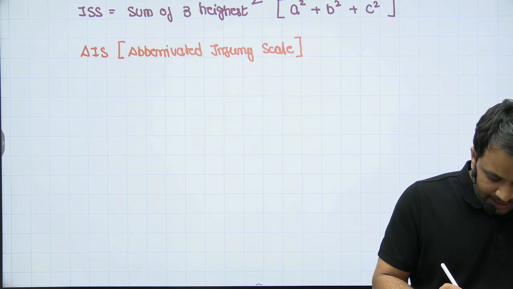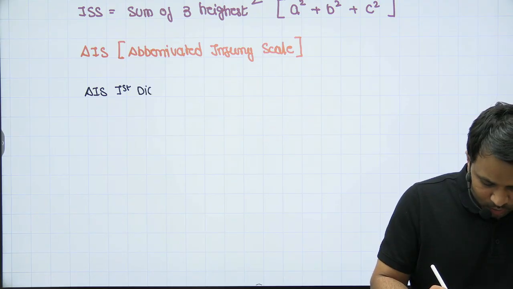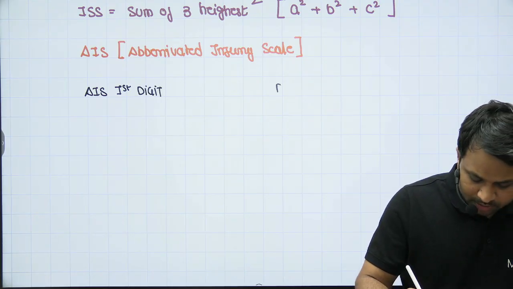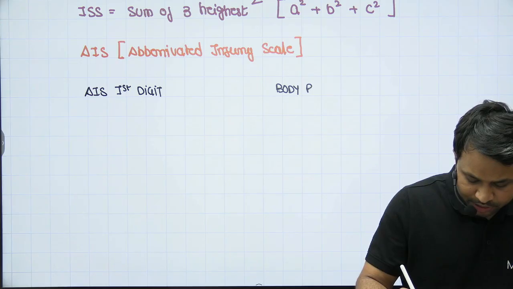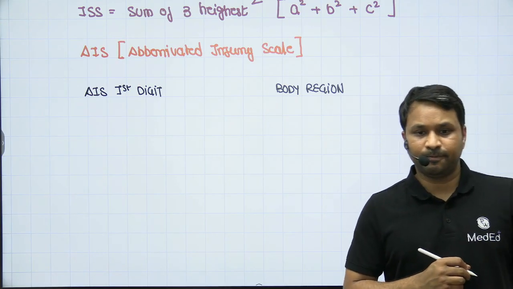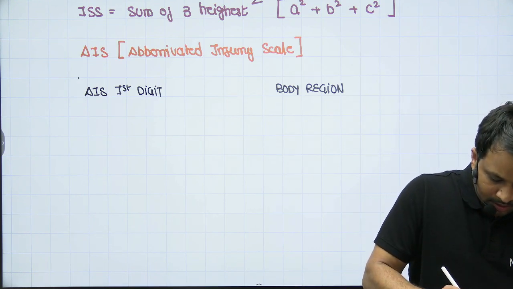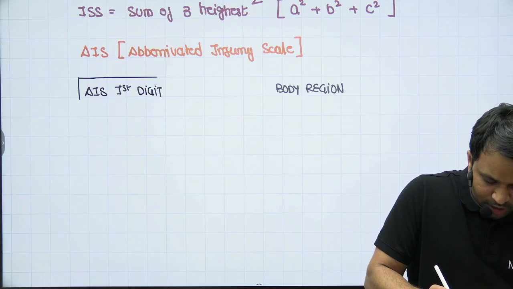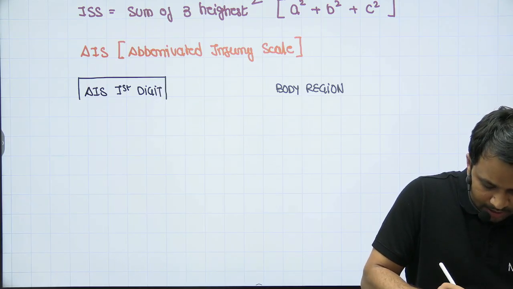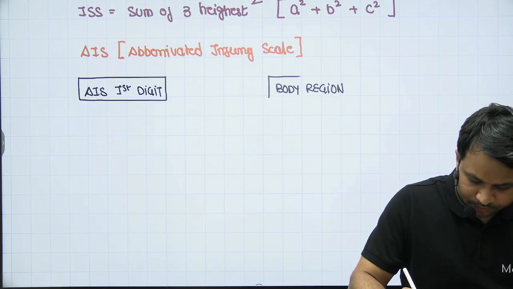we have the AIS digit on one side. The first AIS digit is used on the basis of body region. So it is the first digit that you're looking at and the body region that is involved.